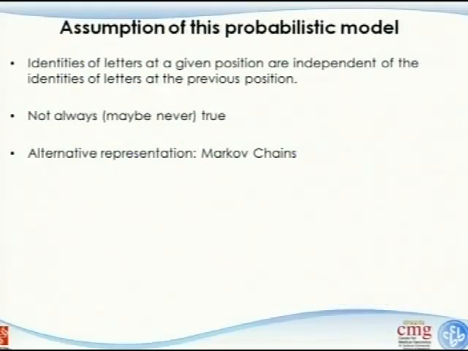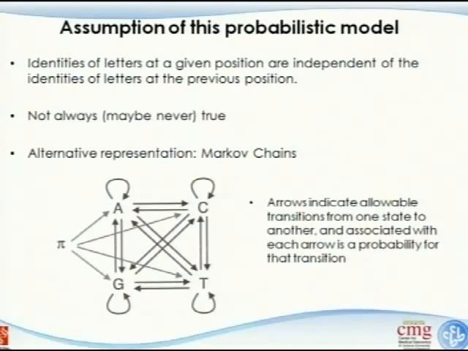But sometimes it's not always true. Probably it's never true, okay? And so there's an alternative presentation, which is a Markov chain. I'm not going to get into it, but the point here is that the second letter is kind of dependent on the first letter.